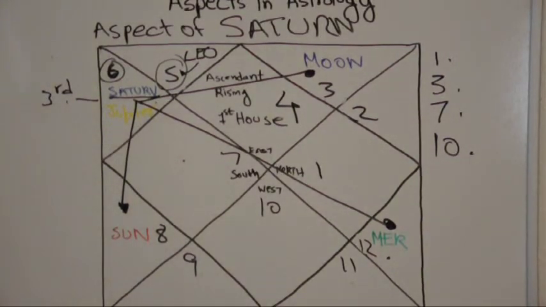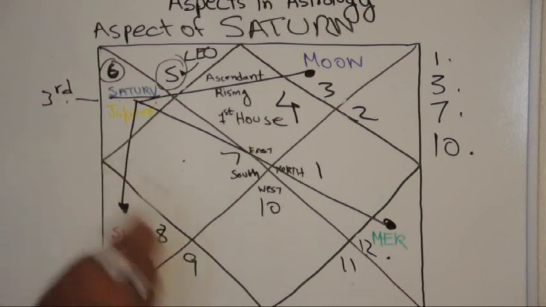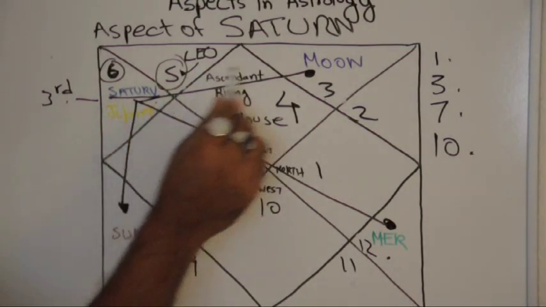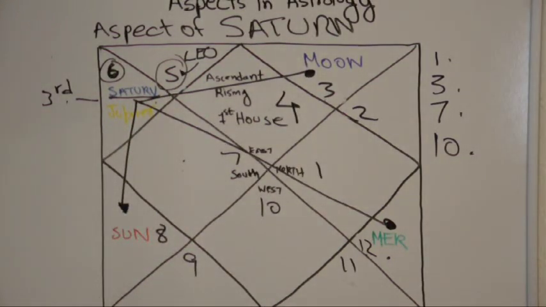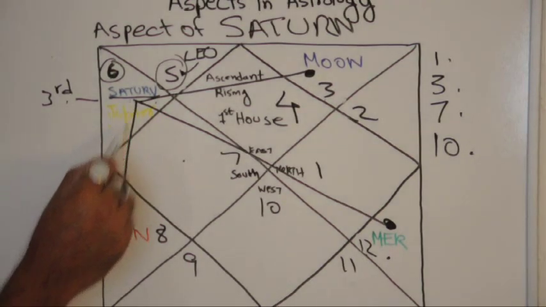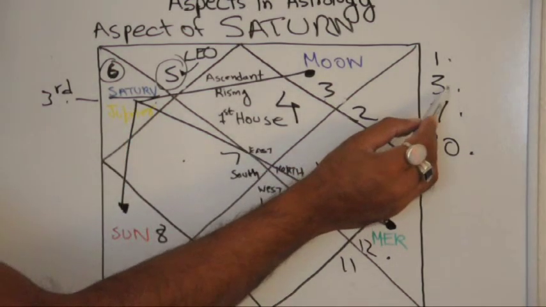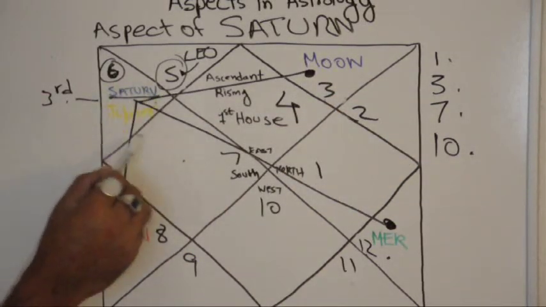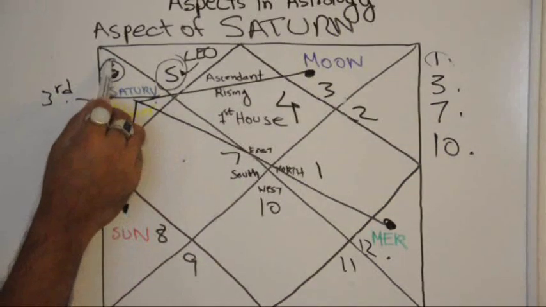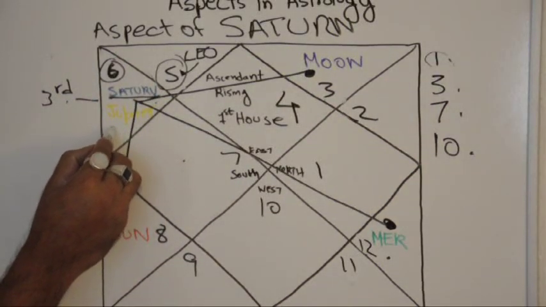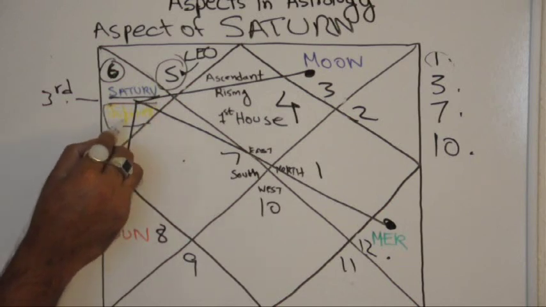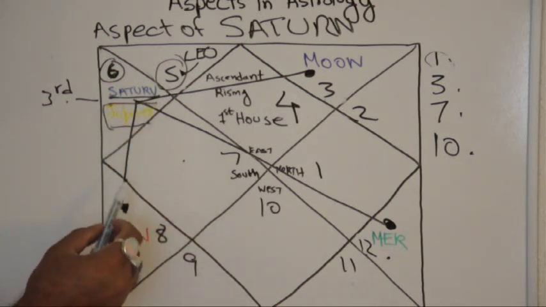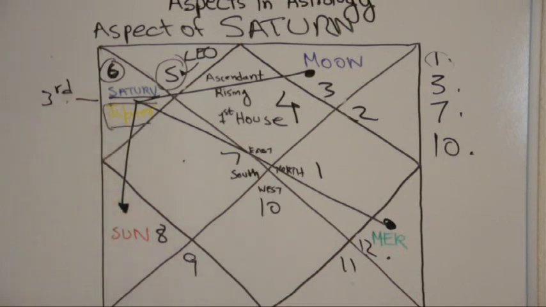Now let me show you. If an astrologer tells you your Saturn is aspecting your Moon, you will know that Saturn is looking at the Moon from one of its aspects. Either the Moon is sitting with Saturn, which is the first aspect, because it's looking at the house that it's sitting in. And here, as you see, Jupiter is sitting with Saturn, in yellow color. I don't know if you can see it. So Jupiter is getting Saturn's first aspect.